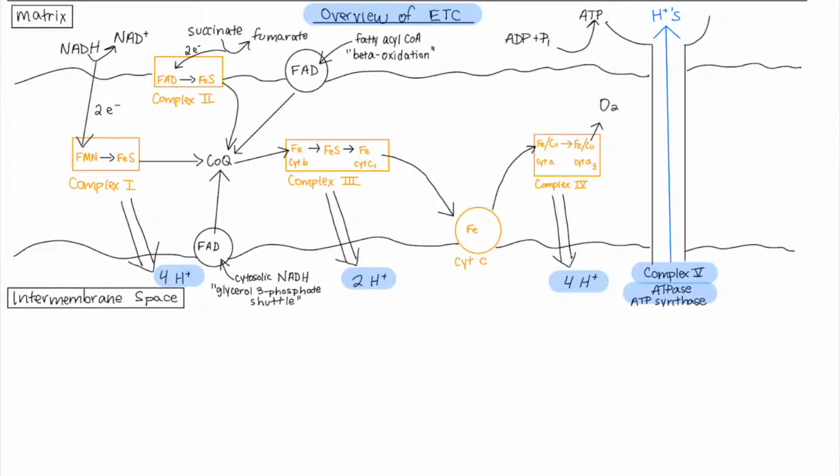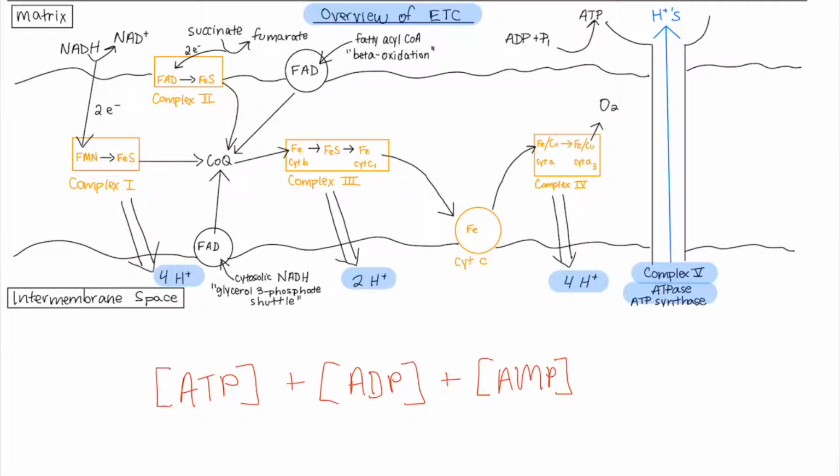If there is a lot of ATP in the cell, that means complex 5 won't be able to run and use ADP as a substrate. That's because the concentration of ATP plus the concentration of ADP plus the concentration of AMP is approximately equal to a constant in the cell.